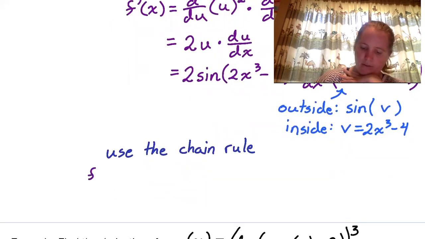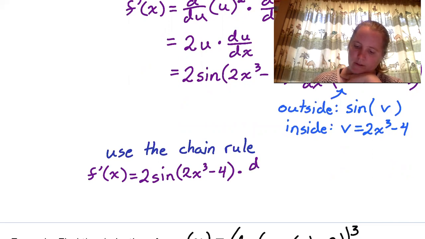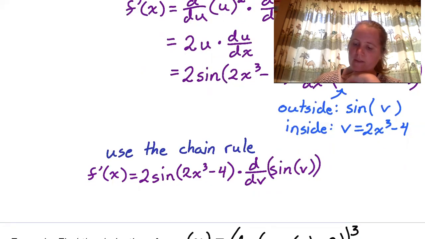And we have f prime of x is equal to the first part, 2 sine of 2x cubed minus 4 stays put. Then we will do the derivative with respect to v of sine of v. And we will then multiply by the derivative of v with respect to x.